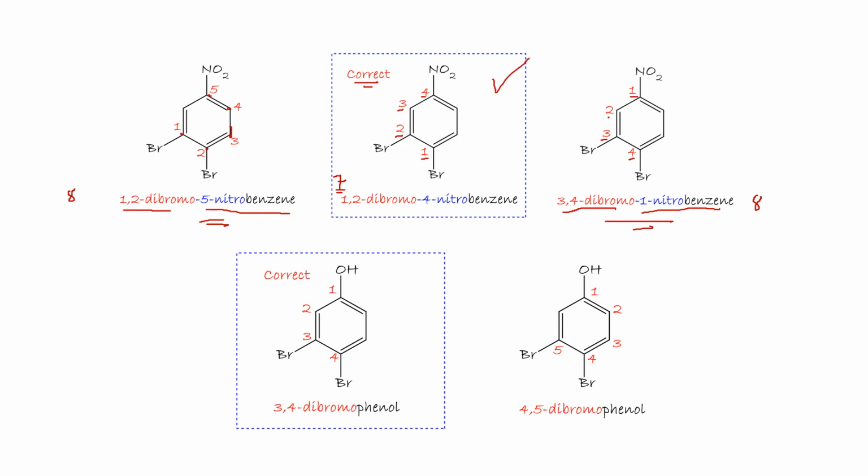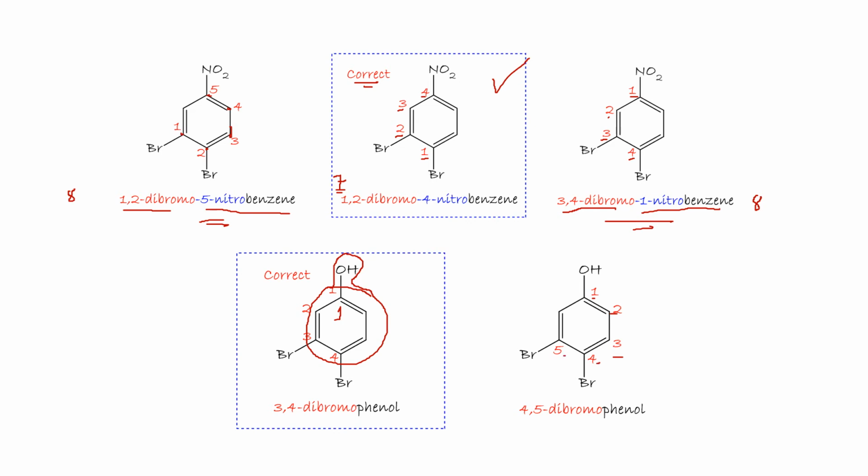Here we have phenol, right? So this will be number 1, counterclockwise 1, 2, 3, 4, and here clockwise 1, 2, 3, 4, 5.